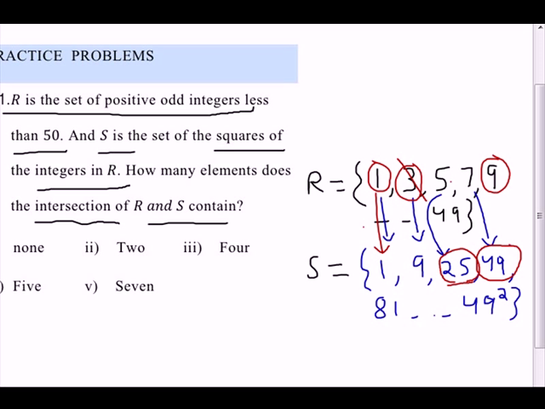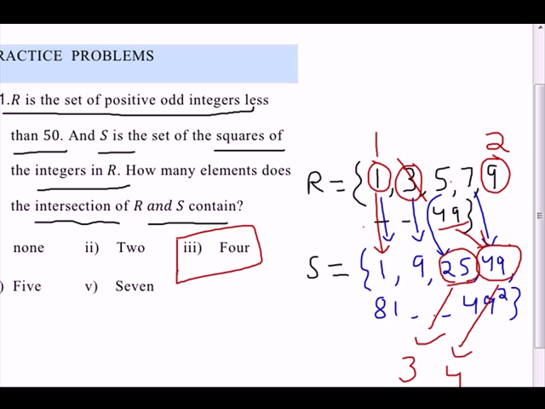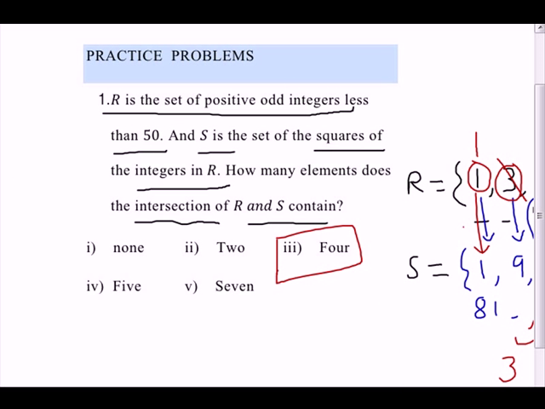And similarly 49 is right here, so this is a common element as well. So essentially you get 1, 2, 3 and 4 common elements. So the answer is 4. So this was a simple example just to get you started. Let's take a few more complex examples.